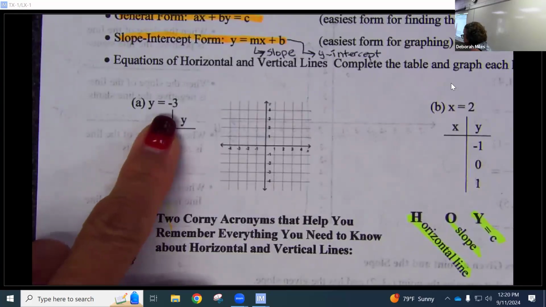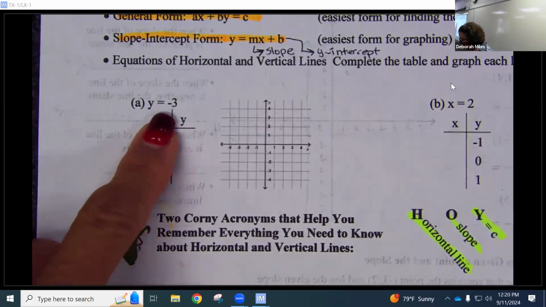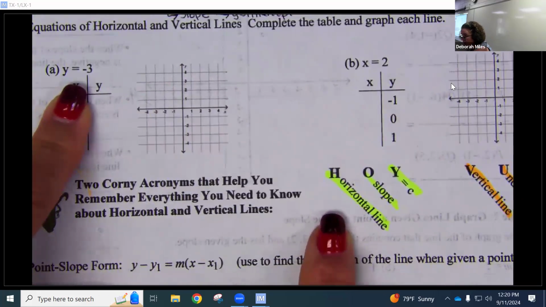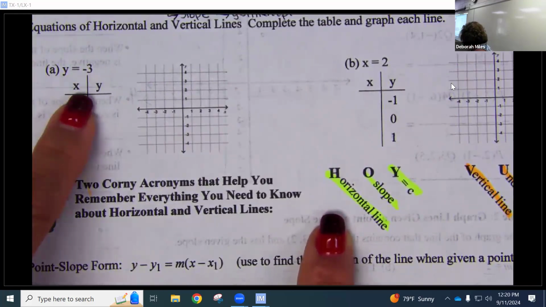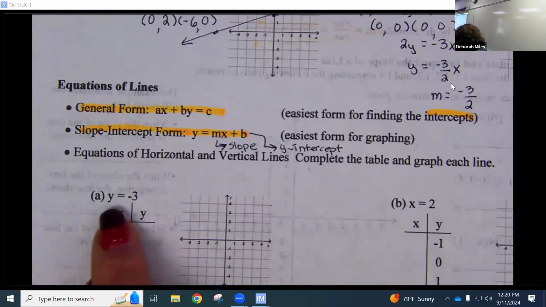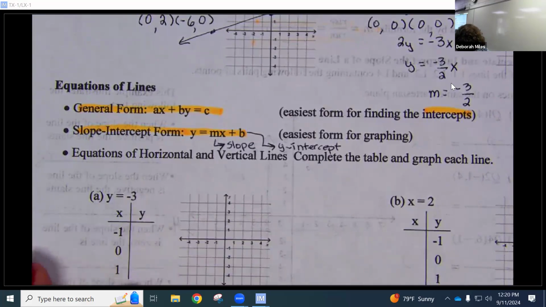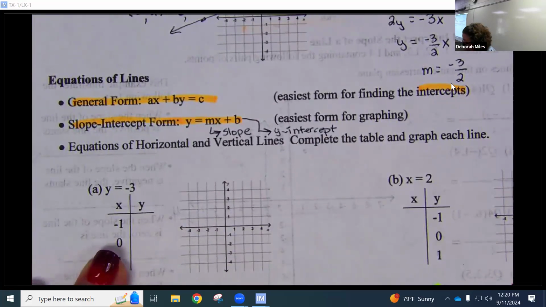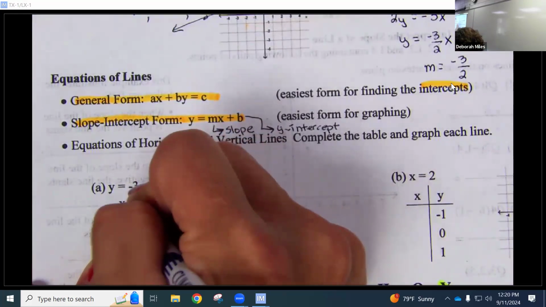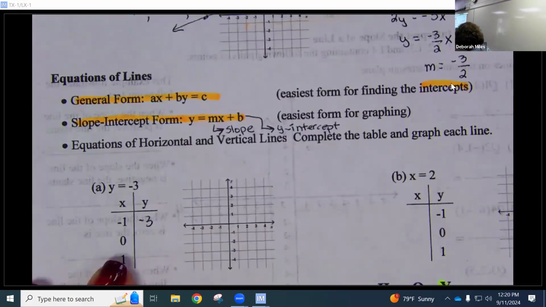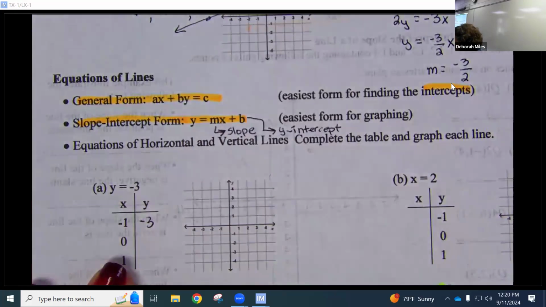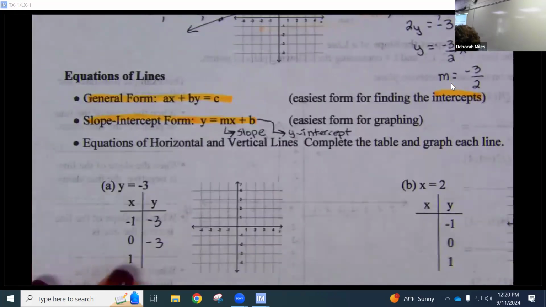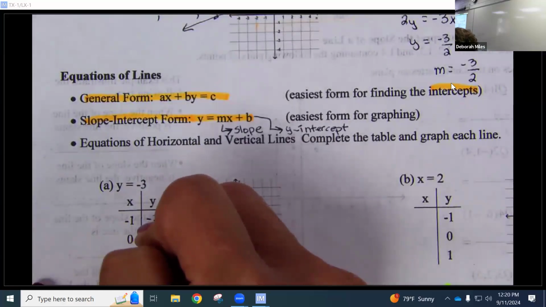Y equals -3. You can think, well, y is a constant, so it's a horizontal line. The faster way is just to say y is -3 no matter what x is. If x is -1, y is -3. If x is 0, y is -3. If x is 1, y is -3.